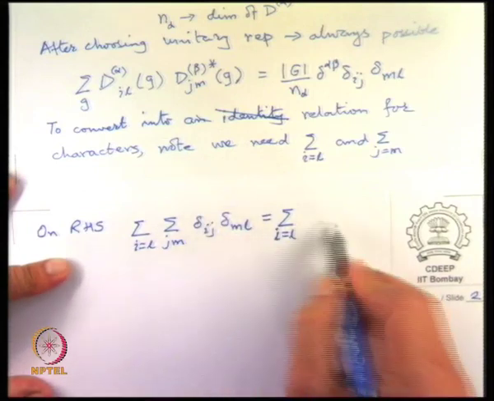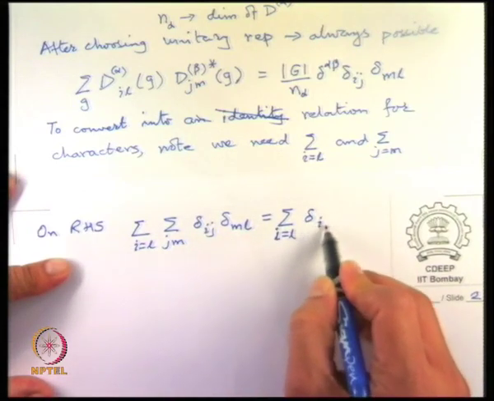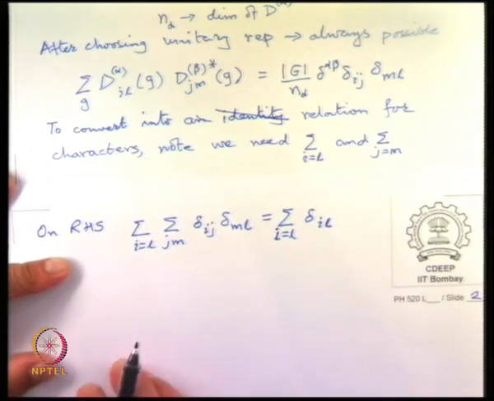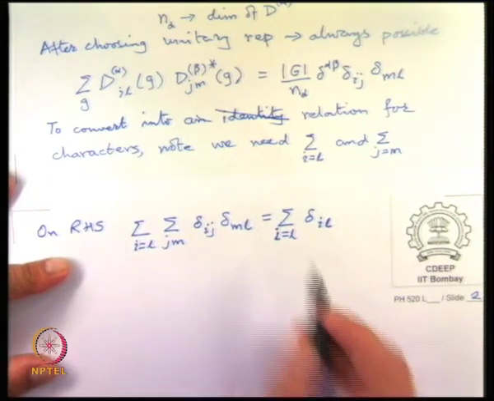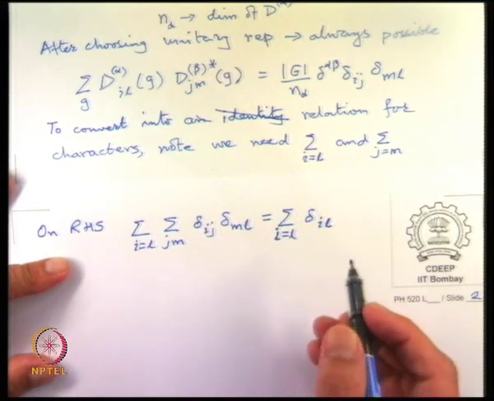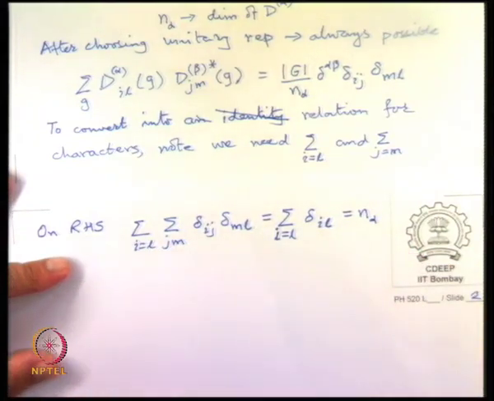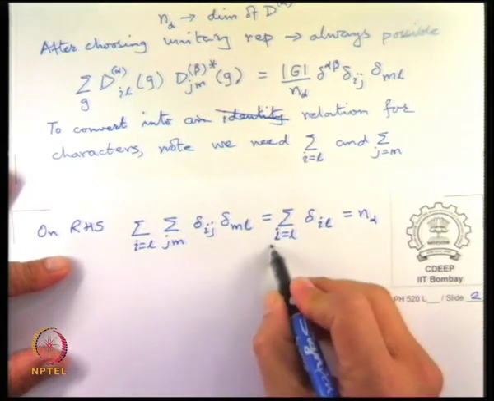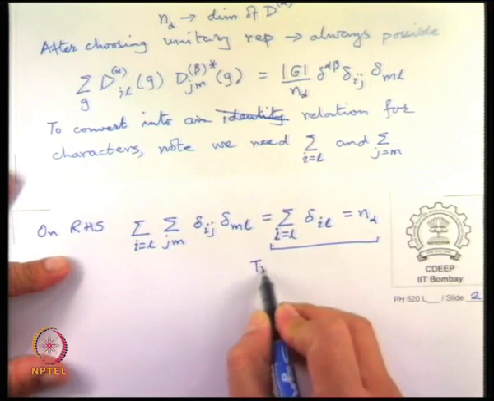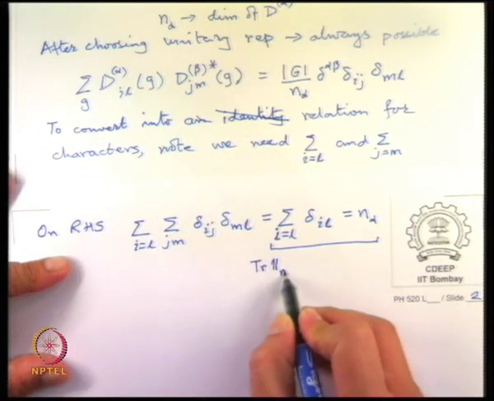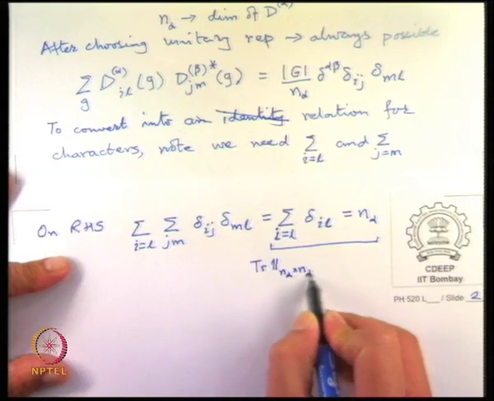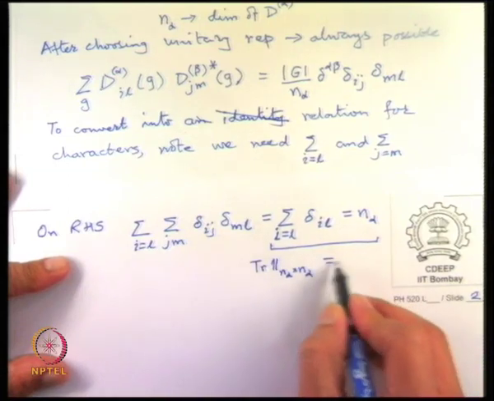The inner summation has simply produced delta IL. But the sum over delta IL only gives me n alpha, because that is the trace of the identity element, which is the size of the representation. Is this clear? The identity is an n alpha by n alpha matrix, so it is equal to n alpha.